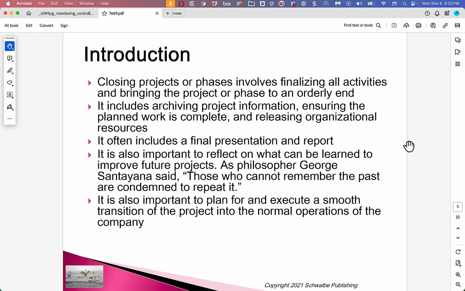Now, this includes an idea that PMI's had for a long time.